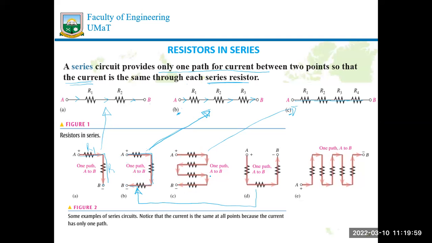Normally, if you are able to trace a current path, assuming a current is flowing, and the same current passes through all the resistors without meeting any junction for a branch, then it's a possible sign that you have resistors in series.